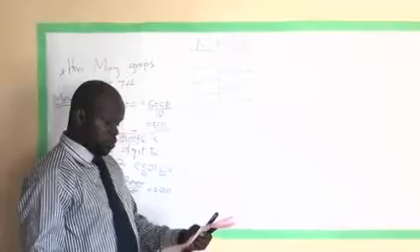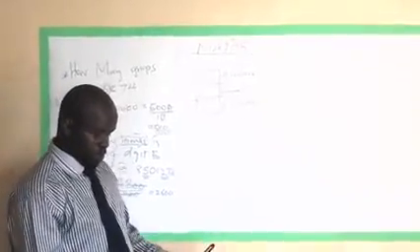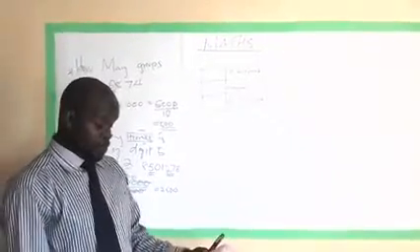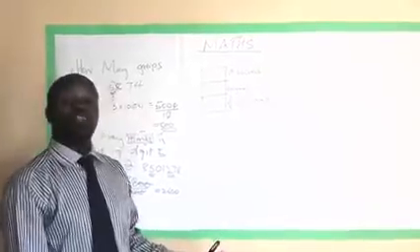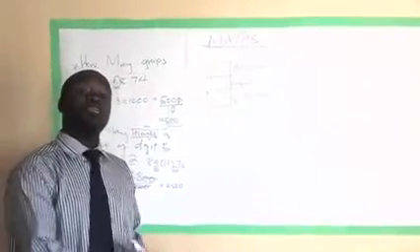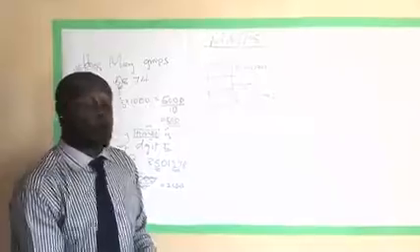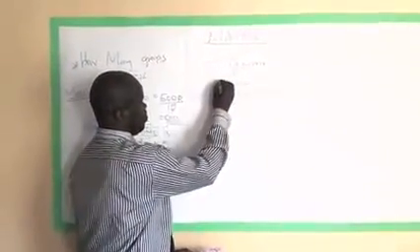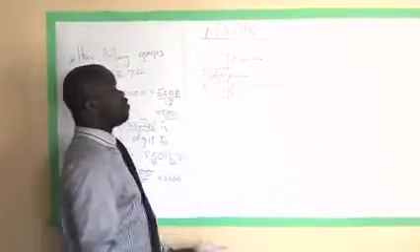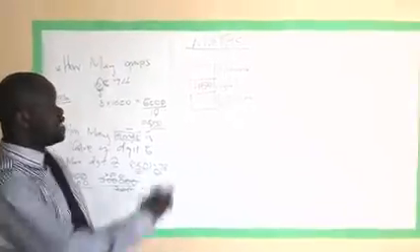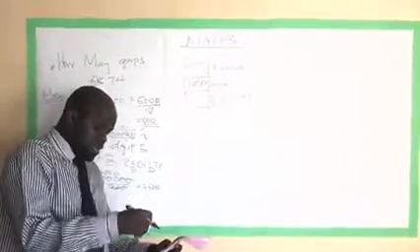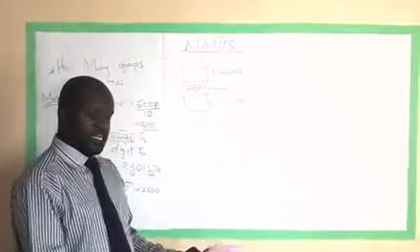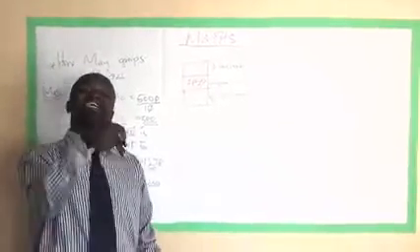Now, in this question, we have been told that in 2009, the enrollment in a school was 450. So we will take this 450 to be our original number. I'm writing in red so that you can see it very well. This is our original. Then they say the following year, which was 2010, the enrollment decreased.